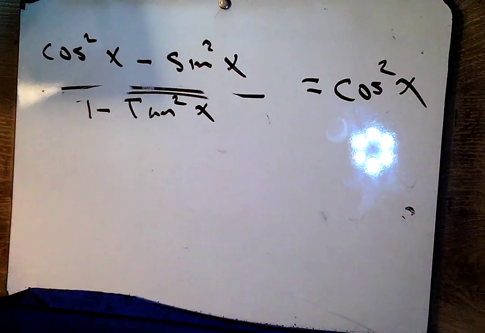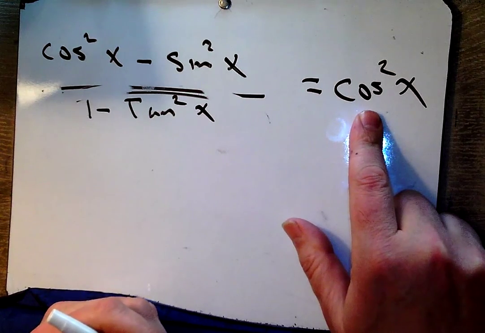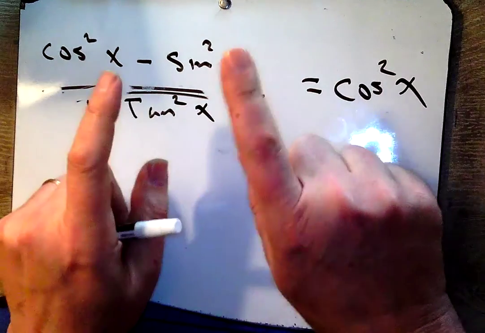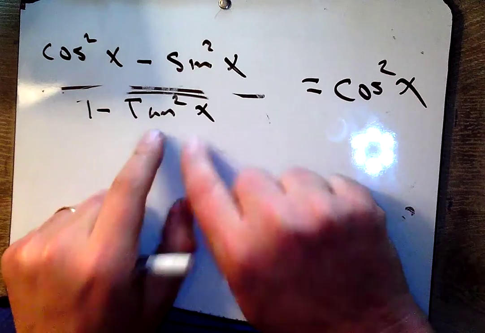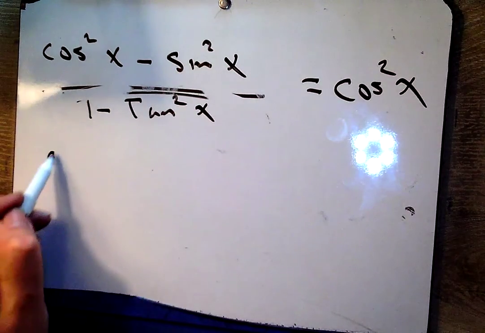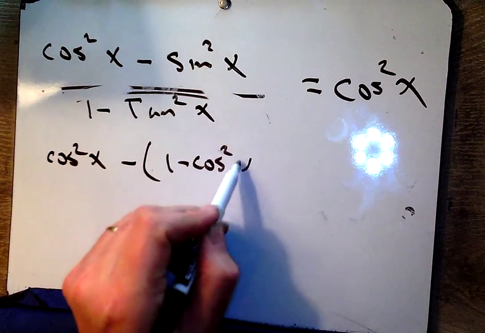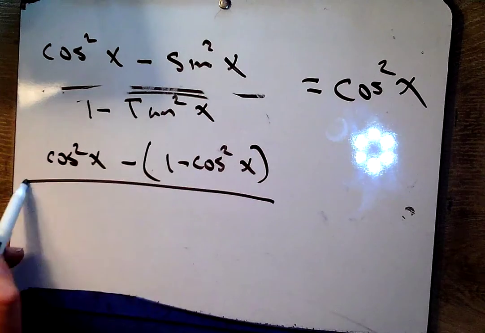So what do you say? Well, here's what I say. I say over here, I just see cosine stuff. So I'm interested in getting rid of some of these things and replacing them with cosine things. All right, so up top, how about we start off with that? I don't know.